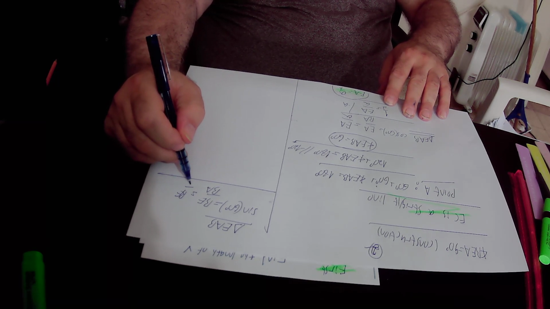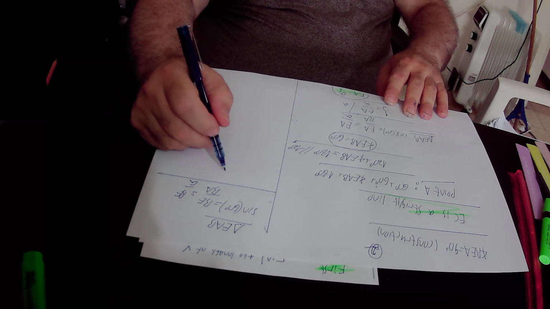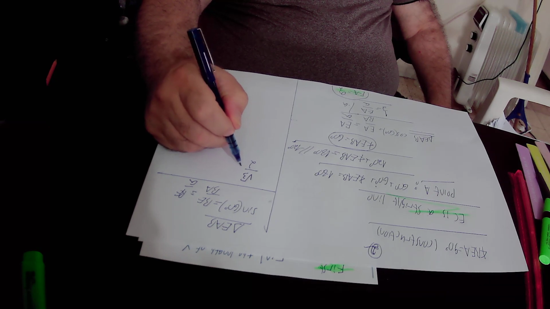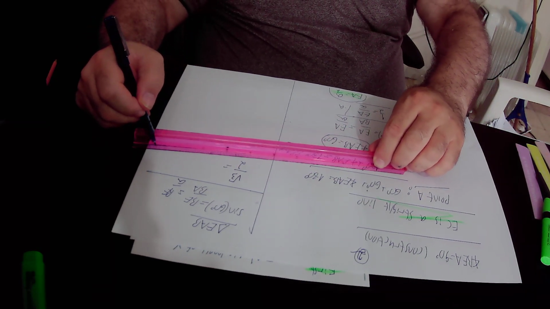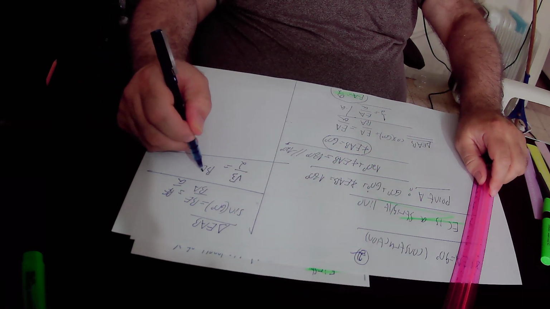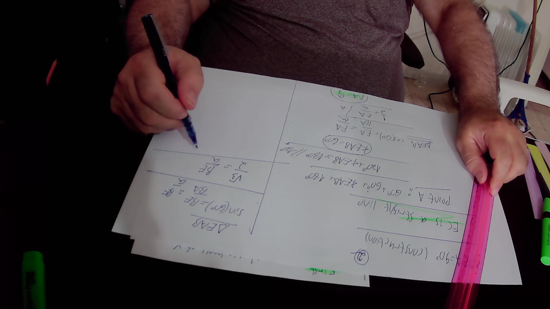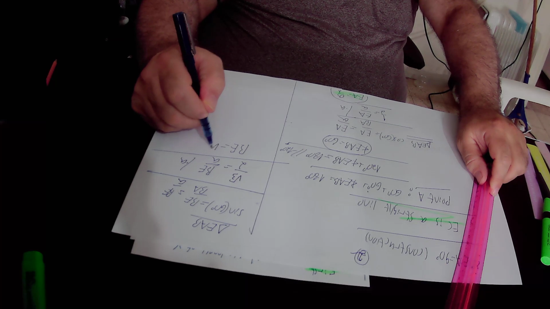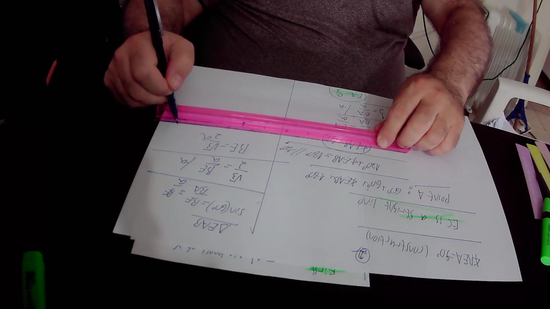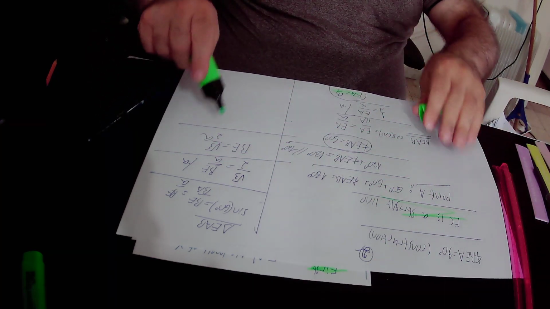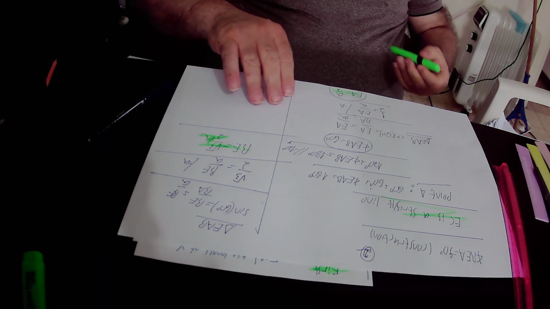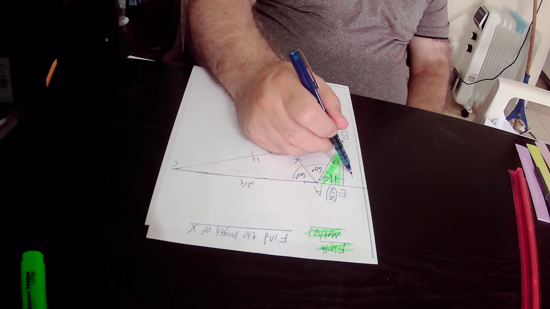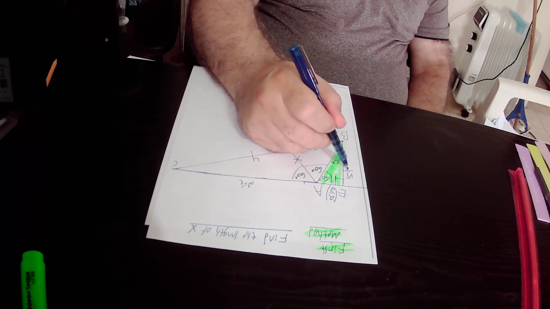But BA equals A, so we'll substitute BA by A. Sine 60 degrees equals square root of 3 over 2, so we'll substitute sine 60 degrees by square root of 3 over 2, and it is equal to BE over A. Here we'll multiply this equation by A, and we'll get that BE equals square root of 3 over 2 times A. So BE, or EB, equals square root of 3 over 2 times A.